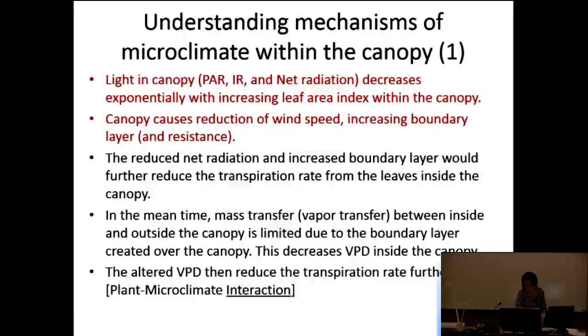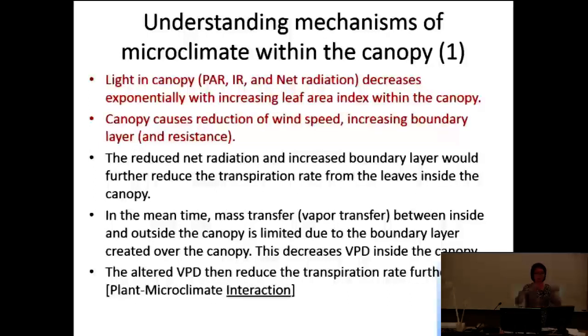And at the meantime, at the big scale, the gas exchange between inside the canopy and outside the canopy is restricted, right? So the moisture in the canopy doesn't easily escape to the outside of the canopy.